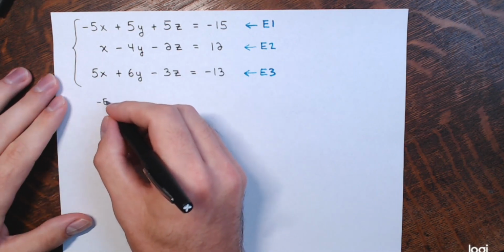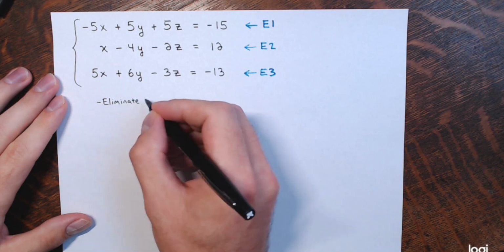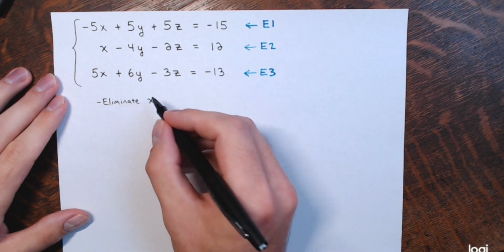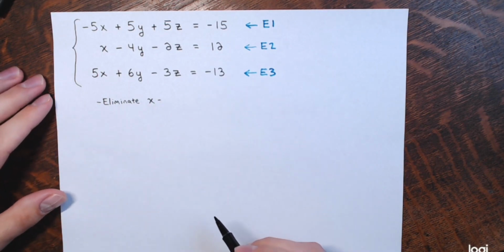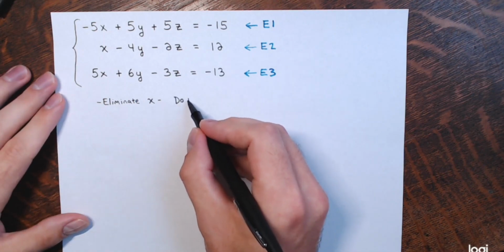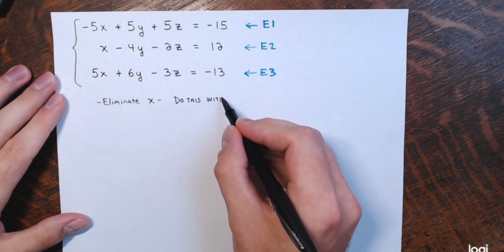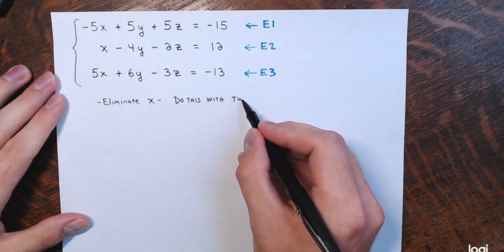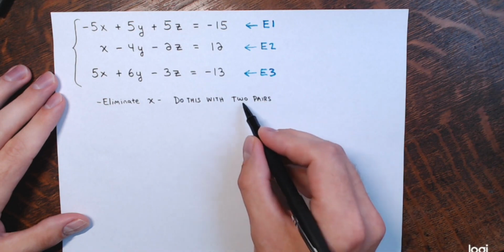So I'm going to choose to eliminate x's. Now, what you're going to do is you're going to do this twice. You do this with two pairs of equations. So that's all I meant earlier by how this is going to be a bit more repetitive.